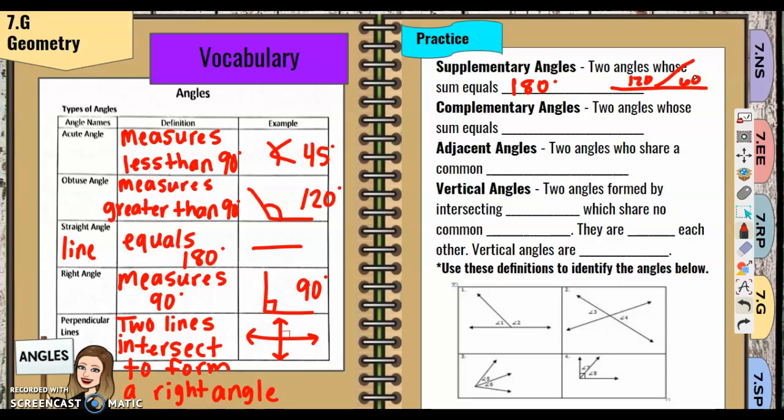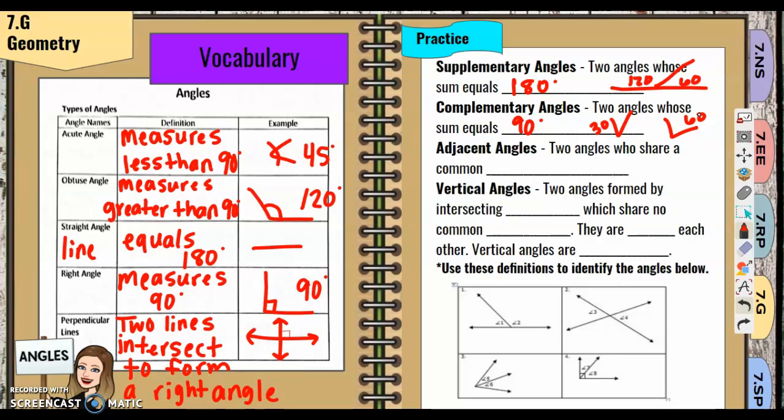Complementary angles, on the other hand, are two angles whose sum equals 90 degrees. So you might have a 30-degree angle and a 60-degree angle. But when you add them together, it equals 90 degrees.